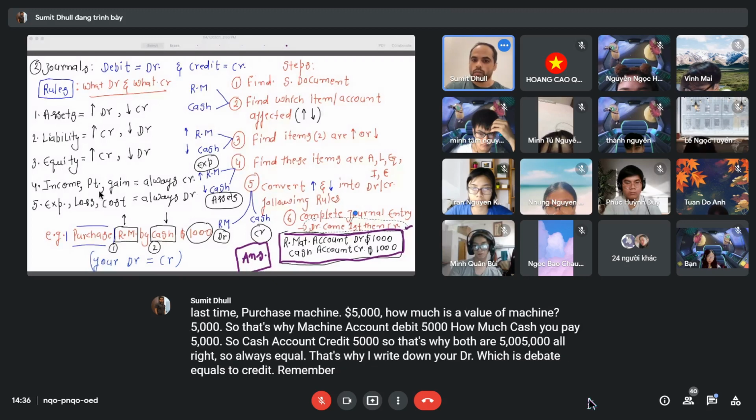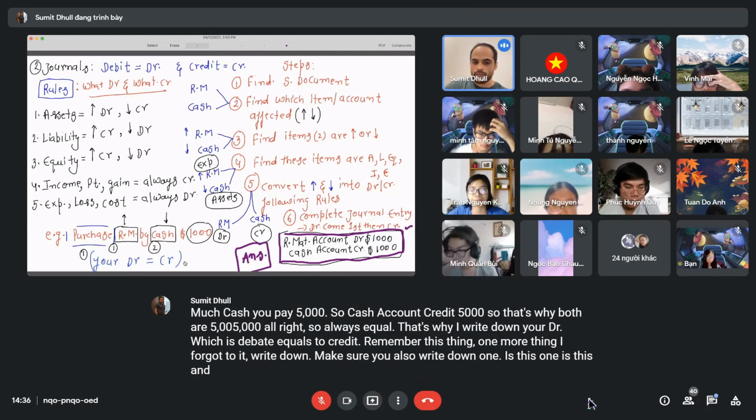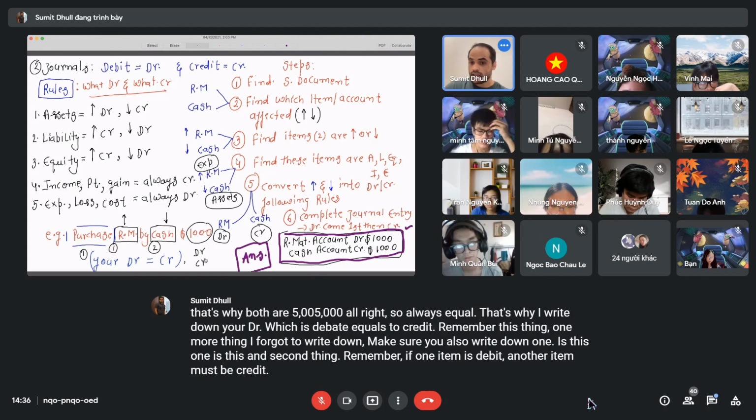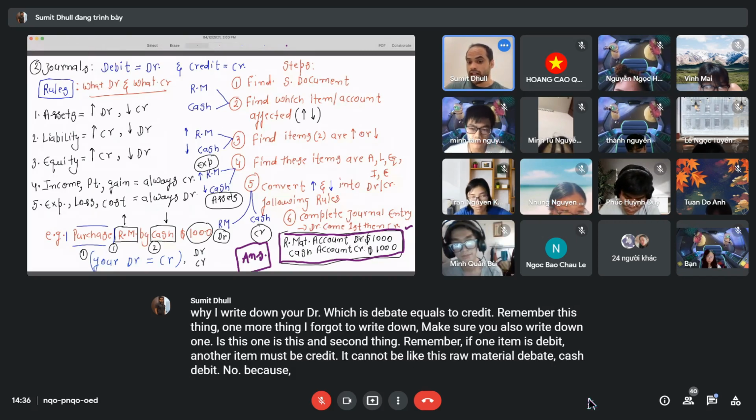Remember this thing. One more thing I forgot to write down. Make sure you also write it down. One is this, and the second thing, remember: if one item is debit, another item must be credit. It cannot be like raw material debit, cash debit. No, because what is the meaning of debit?